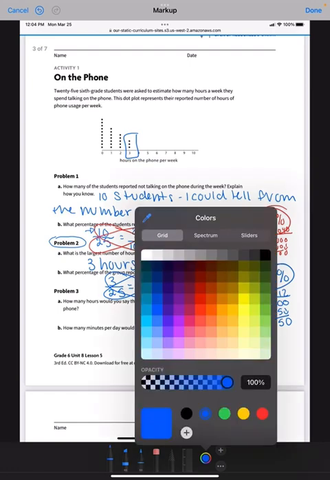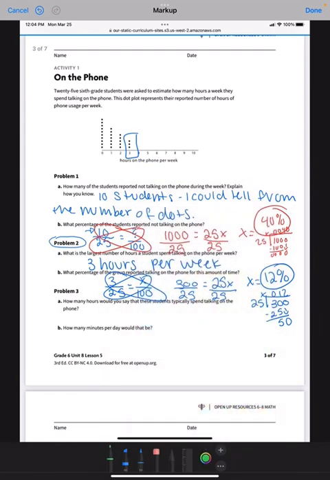The next part says, how many hours would you say that these students typically spend talking on the phone? So now I'm going to look at all of the data and see what you would think the amount is for that. I see that we have a good amount over here versus a smaller amount.